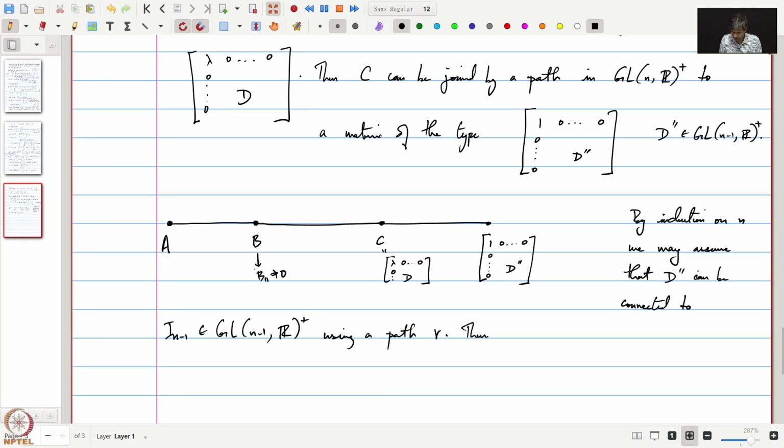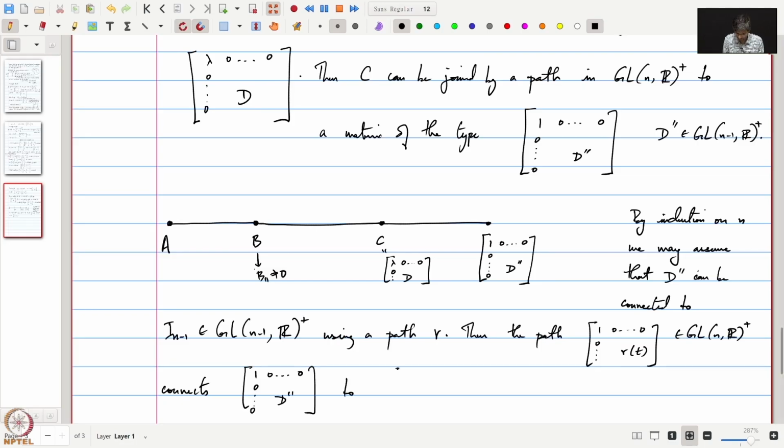Then the path 1, 0, gamma of t in GL n R plus connects D prime prime to the identity.